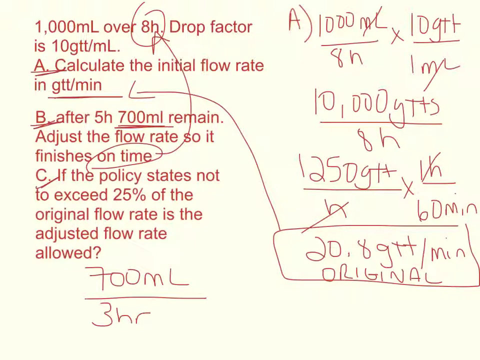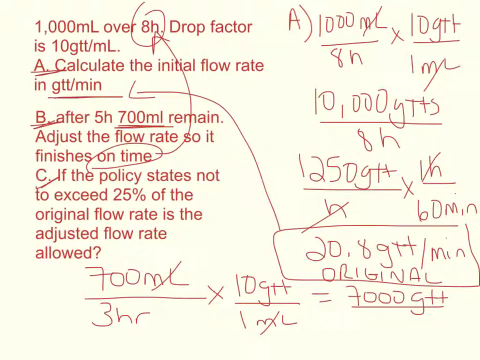So we're going to take that, and we're still going to use the drop factor of 10 drops per milliliter. So we're going to multiply that by 10 drops again over the 1 mil so that those milliliters cancel out, which then gives us 7,000 drops over 3 hours.